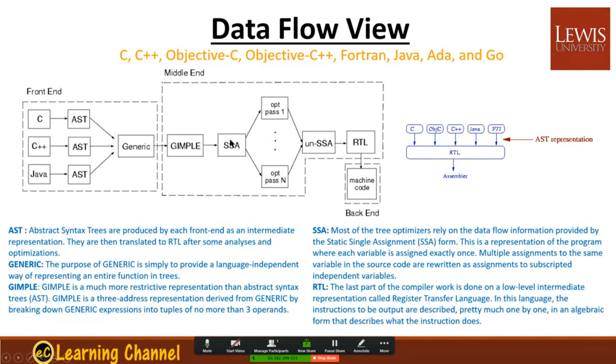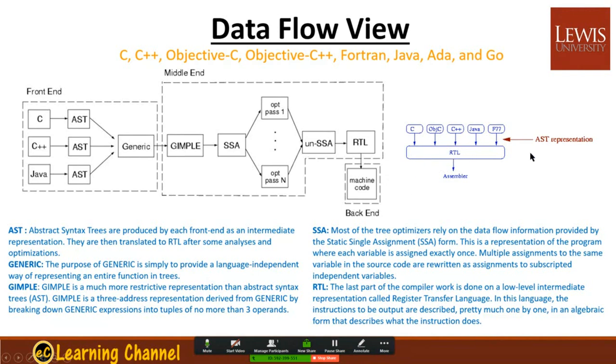After that, we go to the static single assignment stage, which is an expansion of the GIMPLE instructions, and it will go through 20 or more optimization passes. Then the single assignment form is assembled back and put into register transfer level language, called register transfer language, and then goes back to machine code.